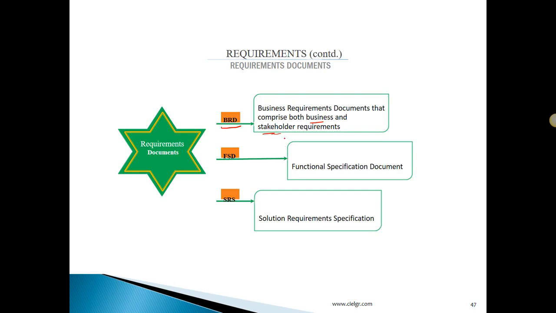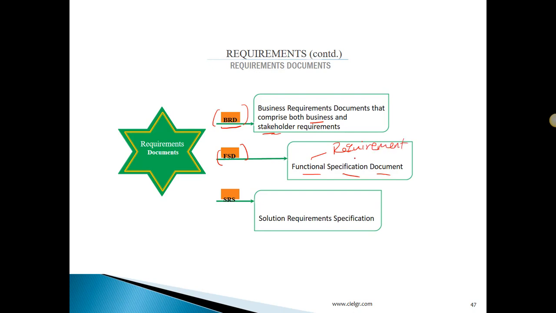So in its simplest term, the BRD indicates what the business wants to achieve. And that's exactly what the business requirements document, or the BRD, captures. Then we also have the FSD, which is the functional specification document. So just like the name sounds, the functional specification document is the document that is used to capture functional requirements.